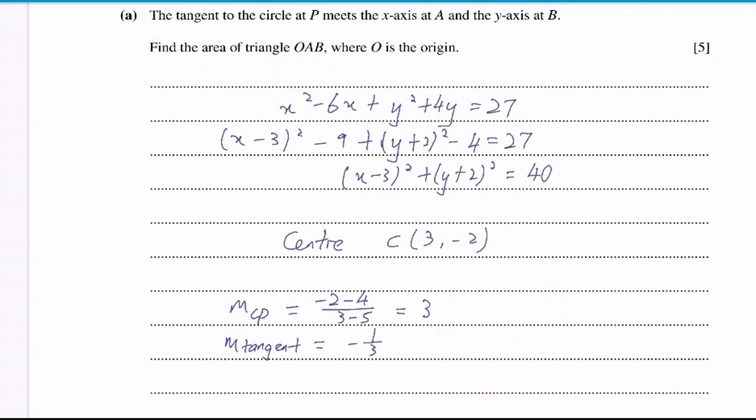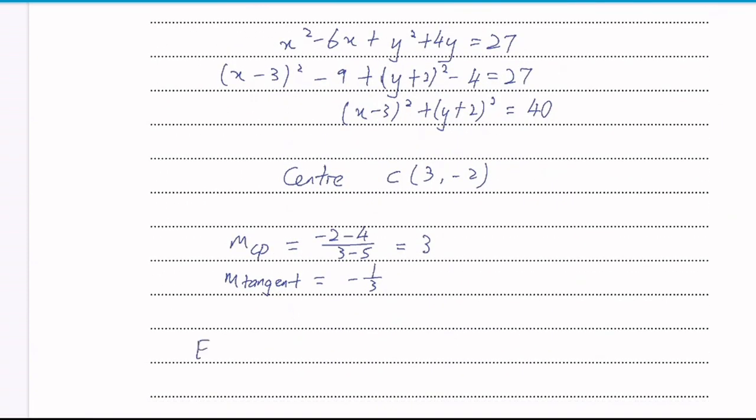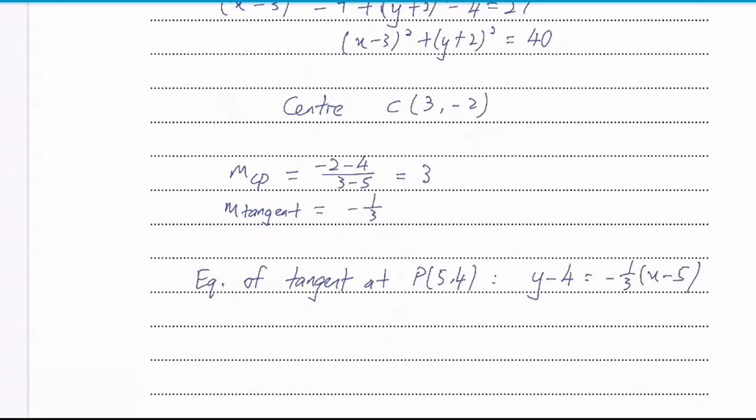So we form the equation of the tangent from that. y minus y1 is equal to m times x minus x1. Let's give it in this form. So we get x plus 3y is equal to 17.